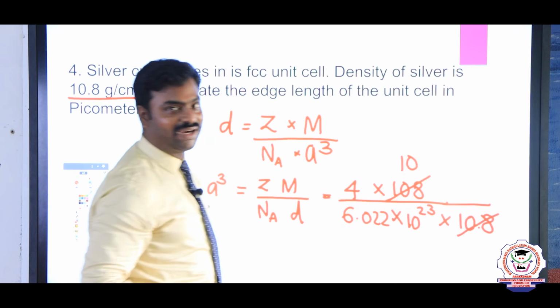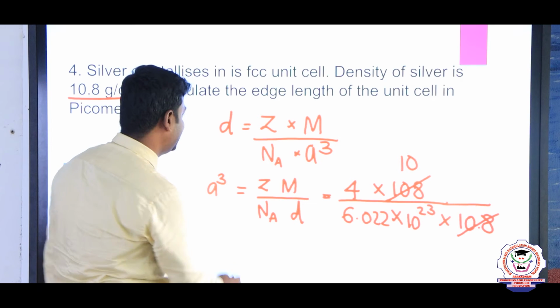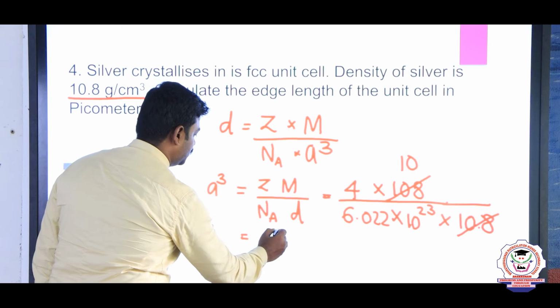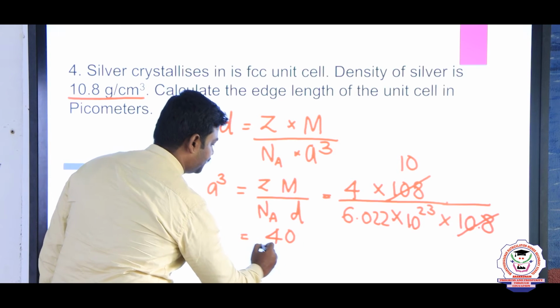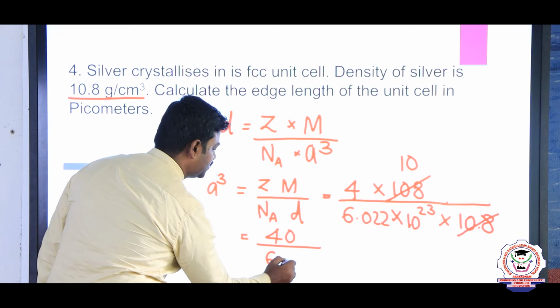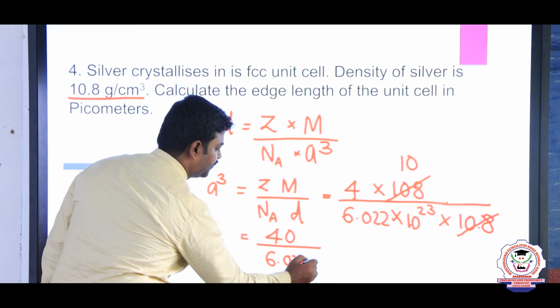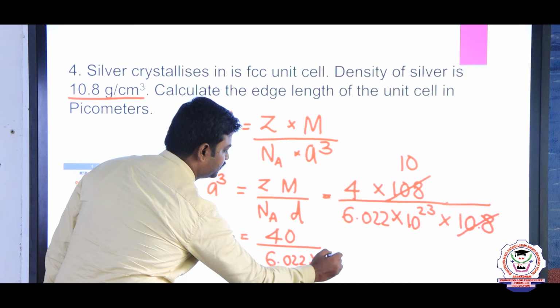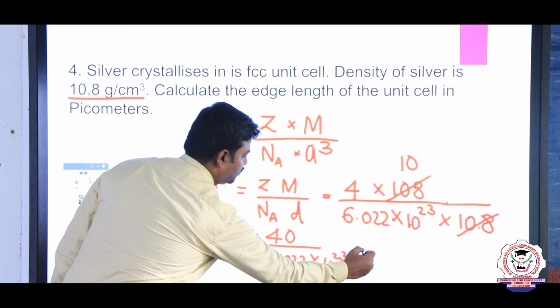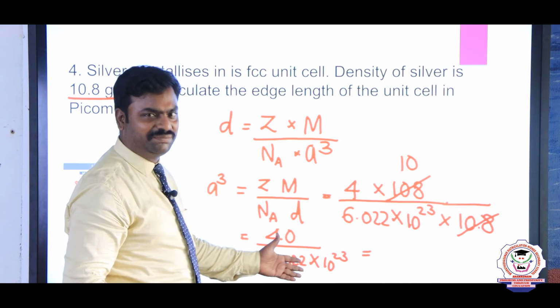So, now what are the values remaining? 40 divided by 6.022 into 10 power 23. What about 10 power 23?